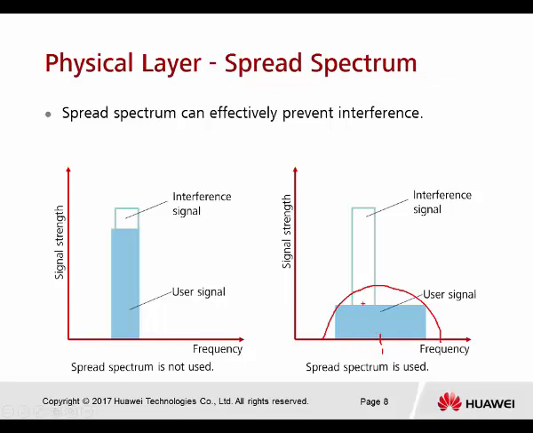So actually it becomes like this already. Right now the interference signal is only at these places, but for other areas it's still perfectly fine, no problem at all. So using this kind of technology can prevent the interference coming from the same channel.